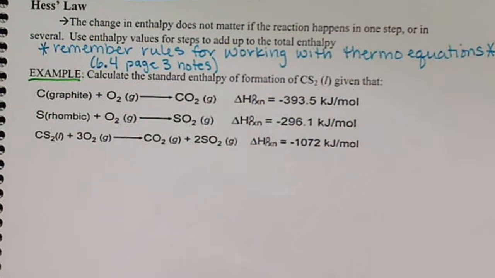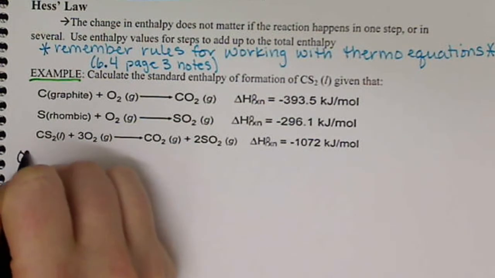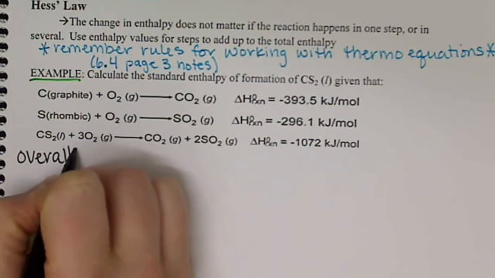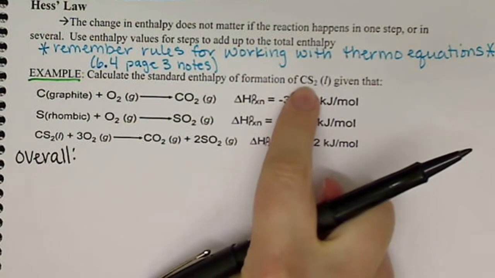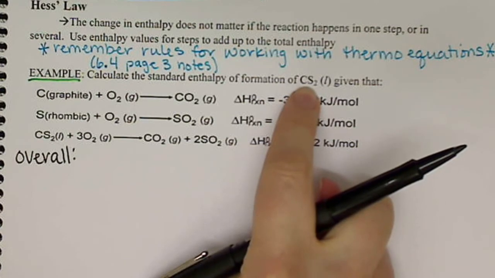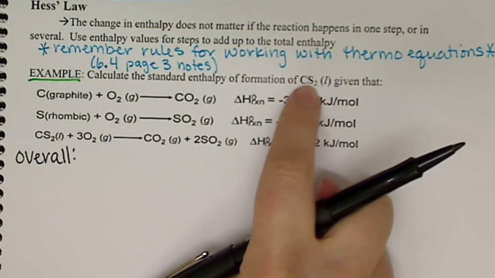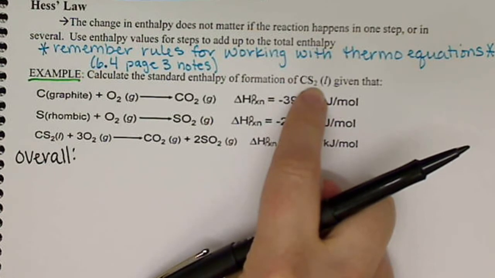So first of all, we want to figure out what our overall equation is that we're after. Our goal is to form this from the lowest energy state of each of our items. We're working with carbon and sulfur.